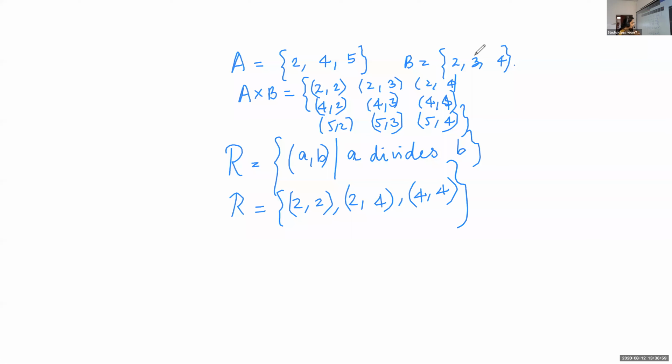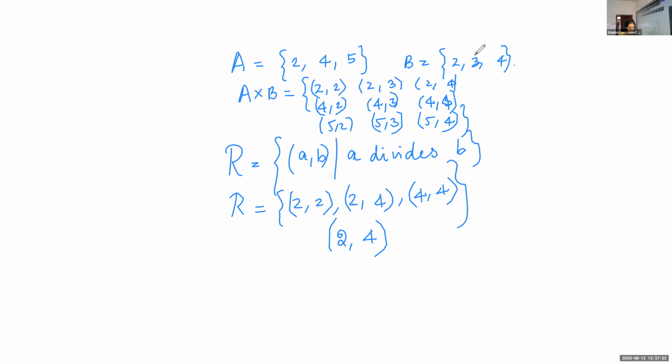So listen here. In this relation, we are having only 3 elements. Here what we can say is the first element is related to the second element. 2 is related to 2. 2 is related to 4. Likewise, 4 is related to 4. Now suppose I am taking the ordered pair (2, 4). 2 is related to 4.